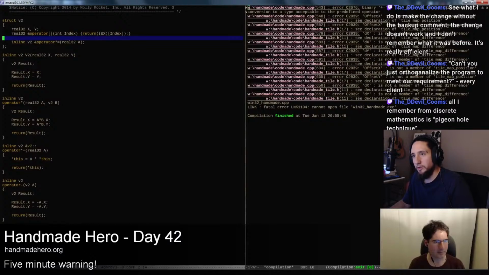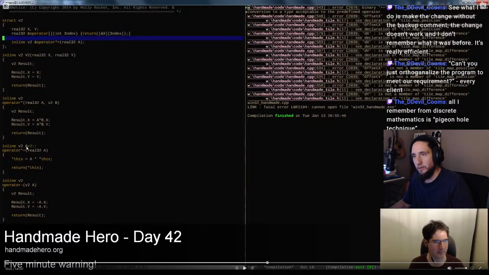All I was starting to say here was that I'm looking at this declaration of this method that he's making here. Well, I guess that's just how you, well, I don't understand the reference that he's making, right, to the v2. So he's saying inline, it's an inline method that returns a v2. Actually, it returns, yeah, no, because he dereferences this.